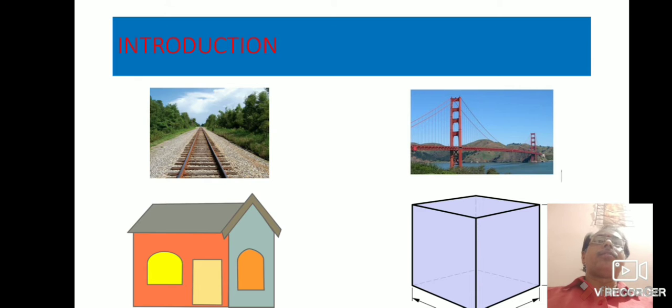By seeing this figure, you can see these two railway lines seem to be parallel lines. Next, see the second one.